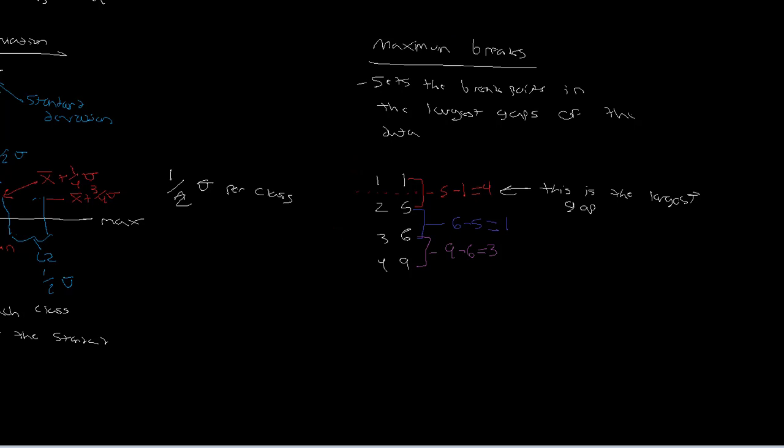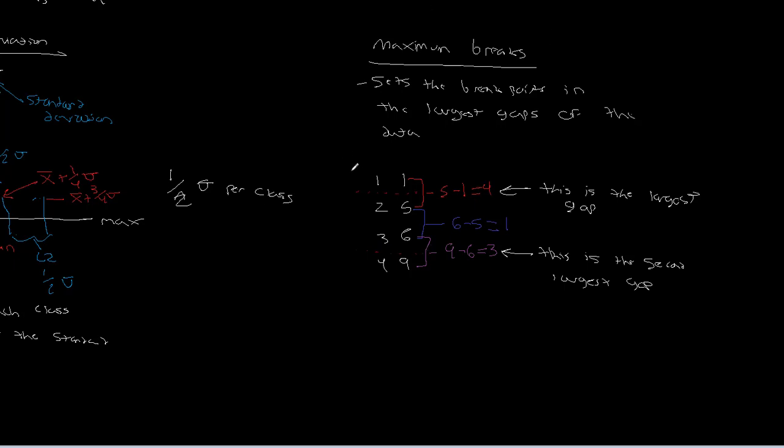And if we wanted to have 3 classes, that would mean 2 breakpoints. It would then look for the second largest gap. This one's already been used. So between these two, this has a gap of 1 and this has a gap of 3, so this would be the second largest gap. It would then place the second breakpoint in between 6 and 9.